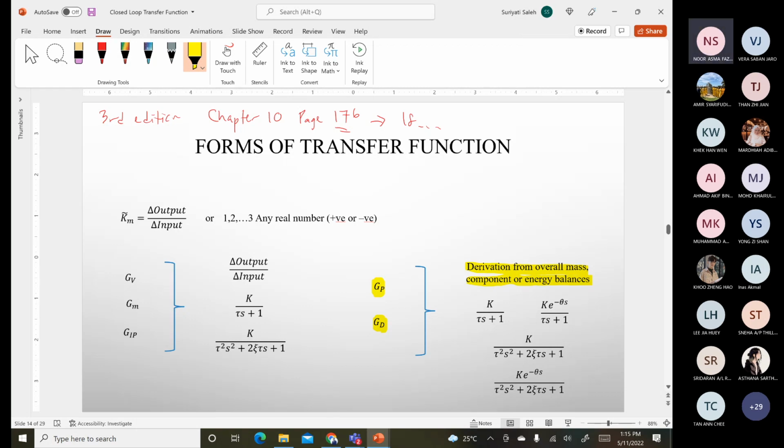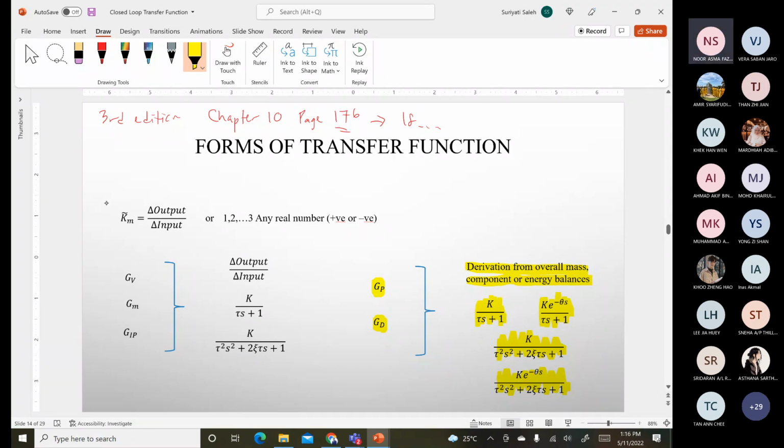Or sometimes maybe we are too kind, and we give you the information in the form of first order, first order plus time delay, or second order. So this is the standard form for the GP and GD. Again, I repeat, if it's not given in the question, then you need to derive it. And if it's given, then normally it is in the form of first or second order, with or without the time delay.